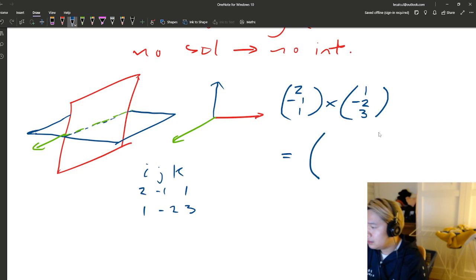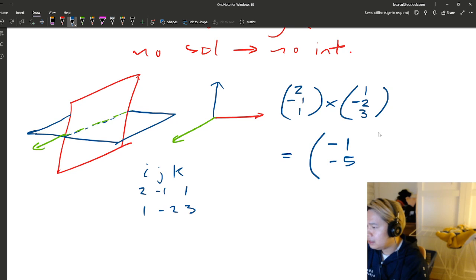So this vector is going to be, what's -3 plus 2? -1. And then what is 6 minus 5? 6 minus 1 is 5, so this is -5.